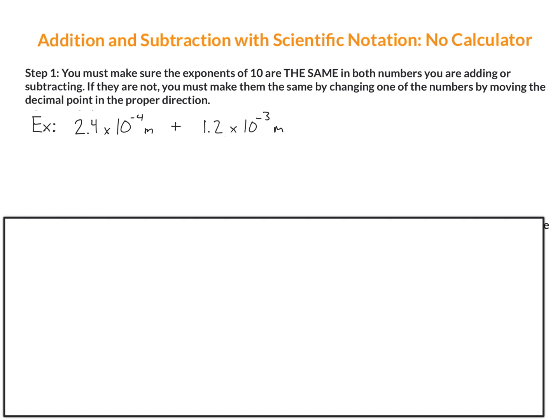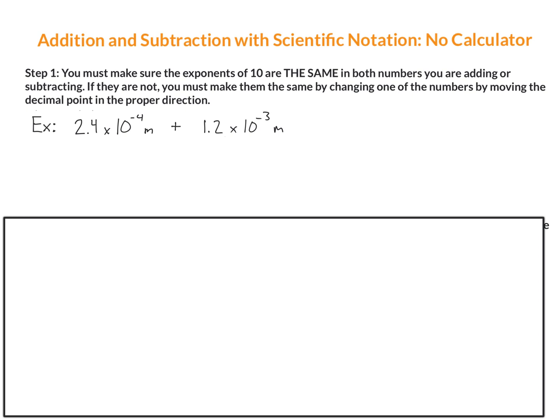All right, so let's talk about how to do scientific notation math without a calculator when we're doing addition and subtraction. So there's always going to be some steps involved when we're first learning these, and then once you get it down, you'll just kind of fluidly do it on your own.